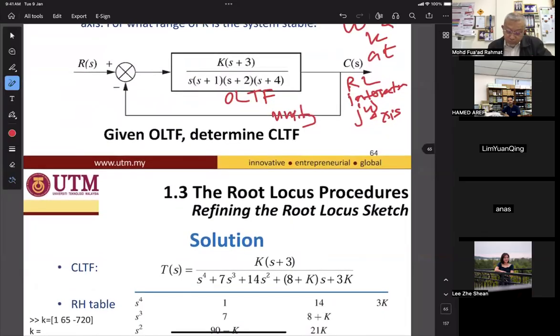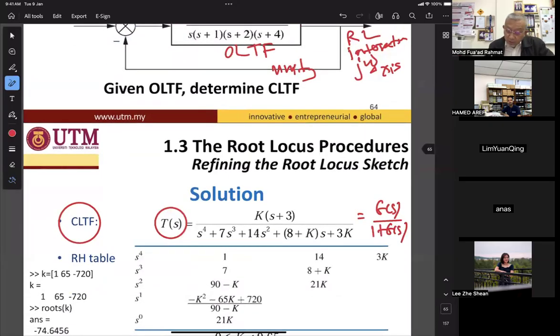Find the closed loop transfer function, which is T(s). T(s) is actually from G(s), the whole thing in the box is G(s). So T(s) is closed loop, G(s) over 1 plus G(s). So you will get this closed loop transfer function. And the denominator is the characteristic equation.